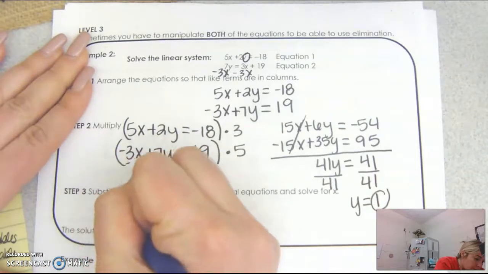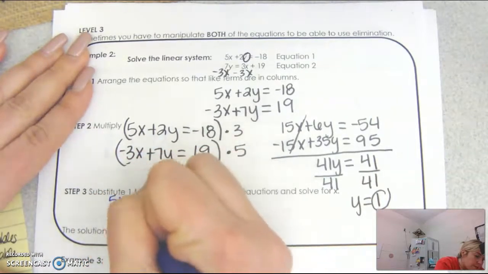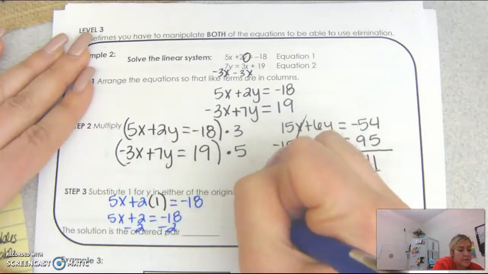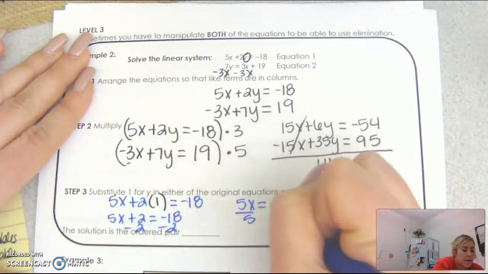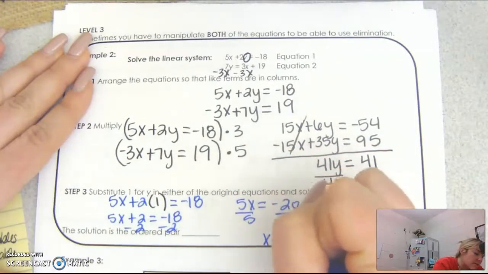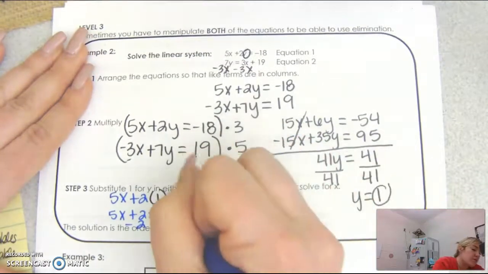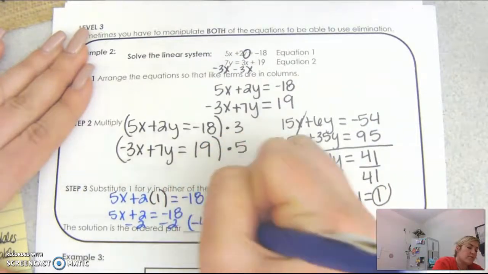So 5x plus 2 equals negative 18. I need to subtract the 2 from both sides. 5x equals negative 20. And when you divide, you get x equals negative 4. So my solution here is negative 4, 1.